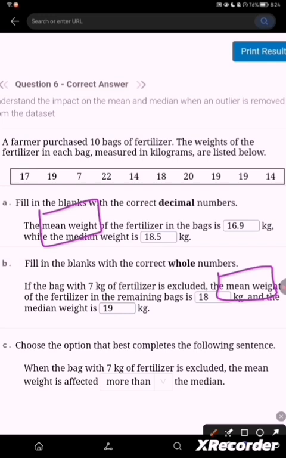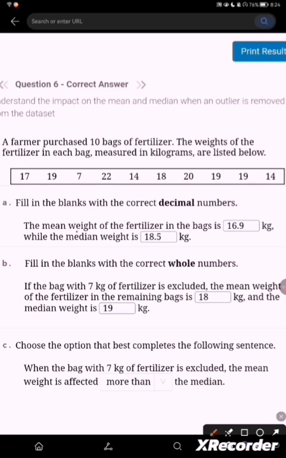The mean weight with the 7 kg bag is 16.9, but the mean weight without is 18. Okay? If you put that on your calculator, so 18 minus 16.9, you're going to get an answer of 1.1. So that means there's a whole difference of 1.1 kg in your answer. So between removing the 7 kg, that means you've lost 1.1 kg in your answer for the mean.